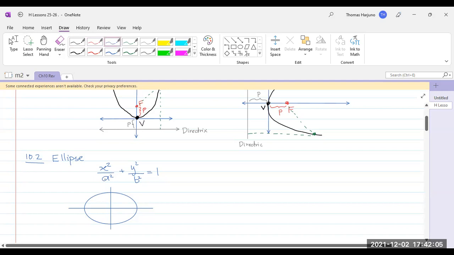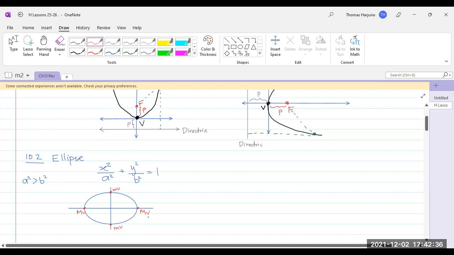Now, the ellipse will have a horizontal major axis if a squared, which is under x squared, is greater than b squared. Then the major axis will be horizontal. We call this the major vertex, and this is the minor vertex.